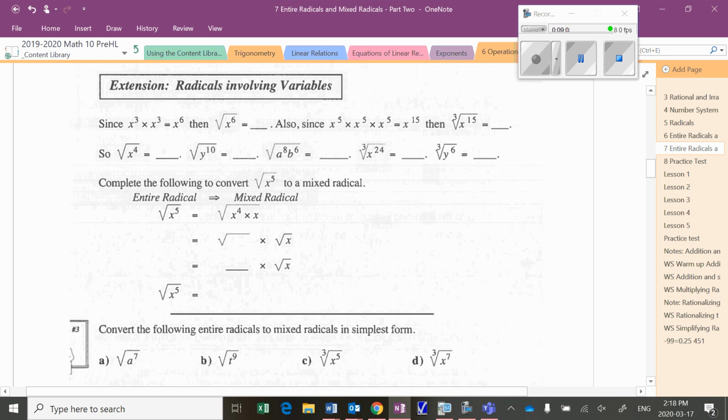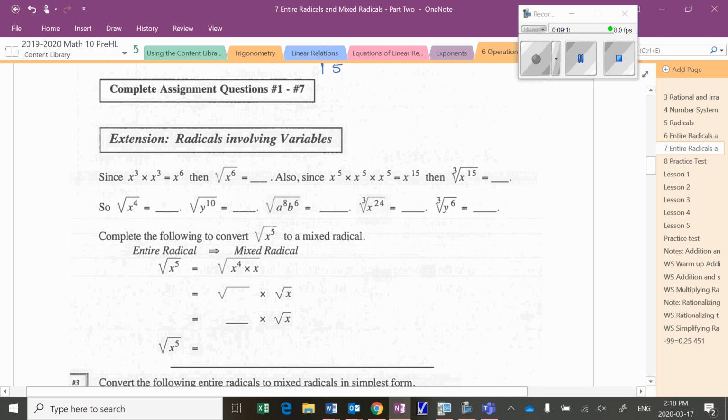So using variables as well, the same thing that works with numbers works with variables. Where people get tricked, so to speak, though, is that people say, hey, well, x to the 9th, and they look at that number 9 and they think, well, since 9 is a perfect square, then x to the 9th is a perfect square.